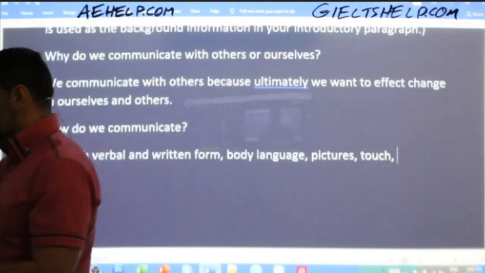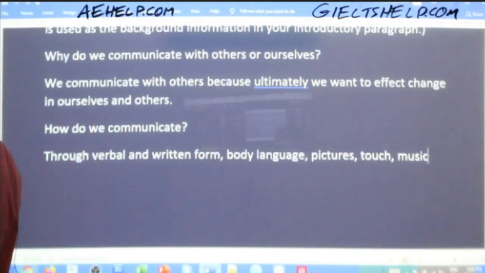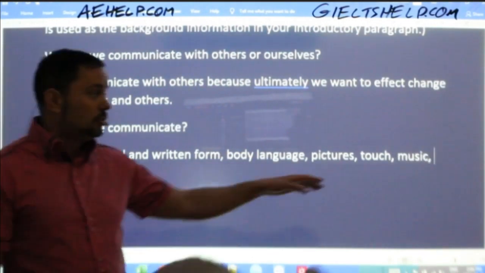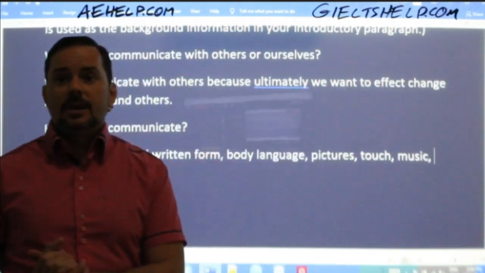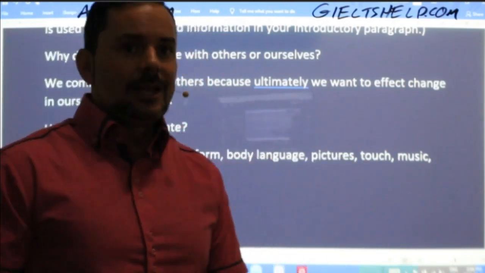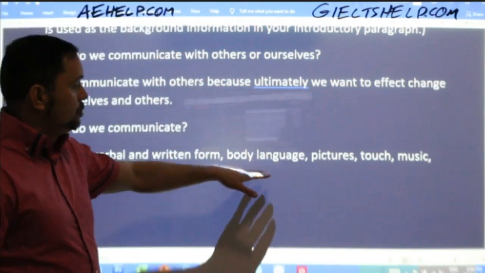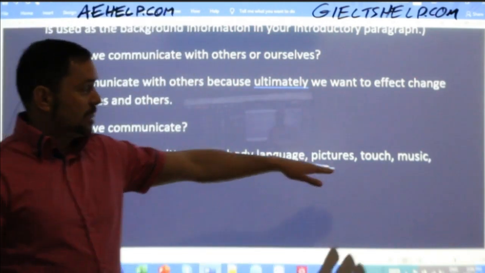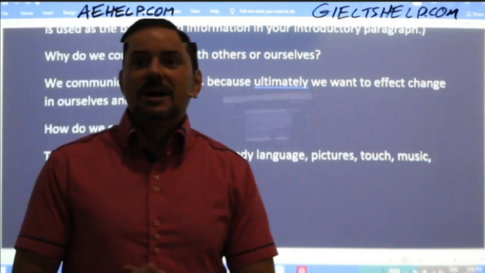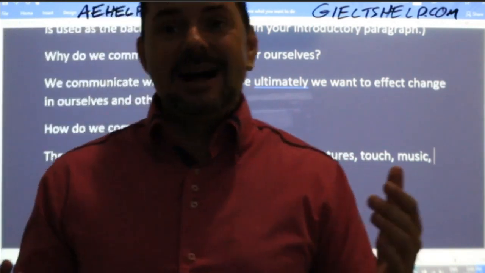Definitely music as well, right? So music is sound, similar to verbal, but it's unique for sure, okay? Elena, dance for sure. Dance, I think we could group dance into body language and touch. So, but if I had to separate them, Marina says maybe through the mind.